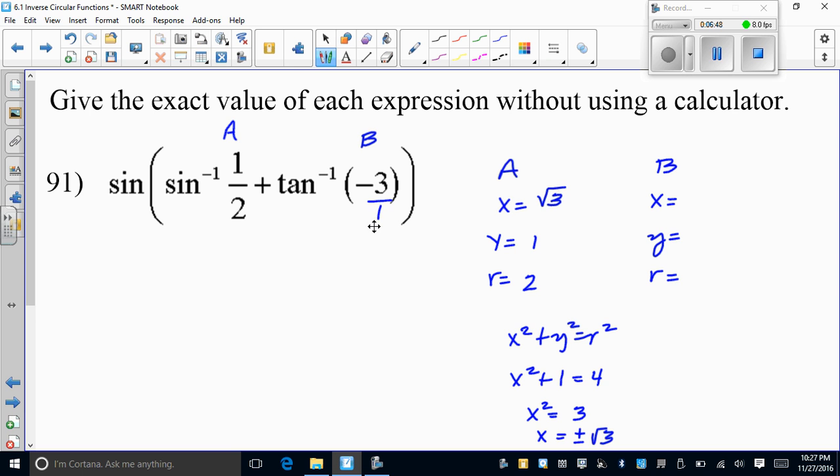So we're going to go with -3, 1, x squared plus y squared equals r squared. So we get 1 plus 9 equals r squared. So 10 equals r squared. So r equals square root of 10. This we know is positive.